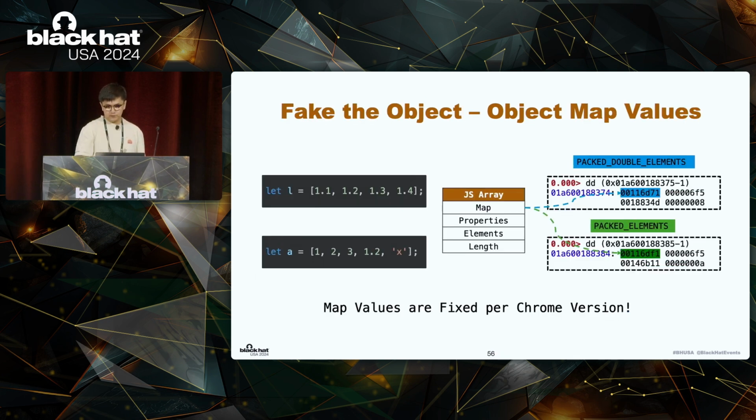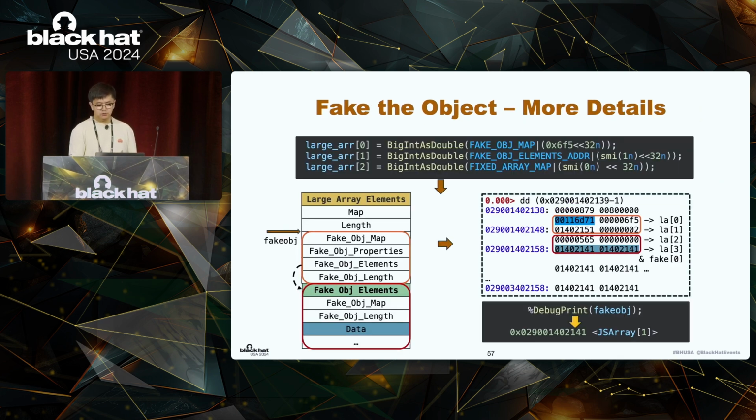The last step for faking the object is writing the fake object fields with a large array element. To do that, we need to know the map values of the object to be faked. Here are two useful types of arrays to be faked to create more powerful exploit primitives: double array and mixed array. And most importantly, their map values are also fixed per version.